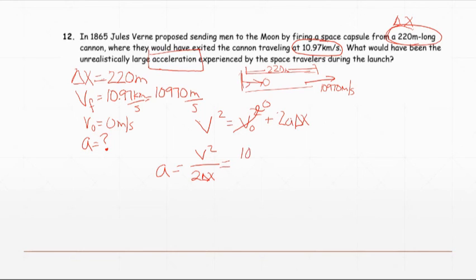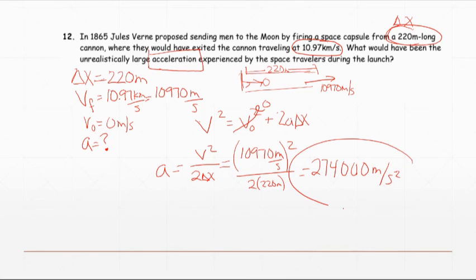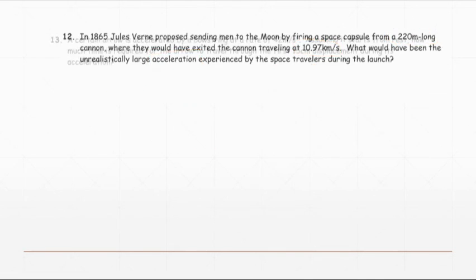So in this case, I have 10,970 meters per second, square that, divided by 2 times 220, which is 440. And that's going to give me an insane acceleration of 274,000 meters per second squared. How would you like that? Like to be that person, man? Okay, that would be kind of crazy.